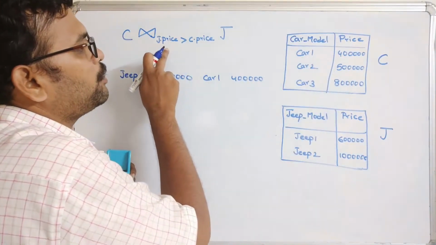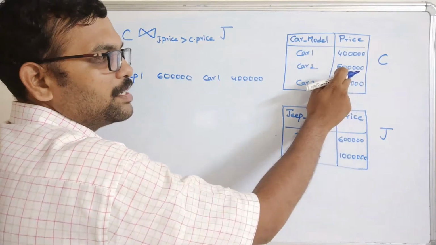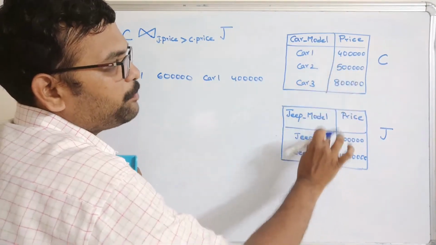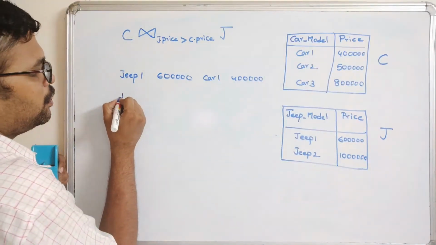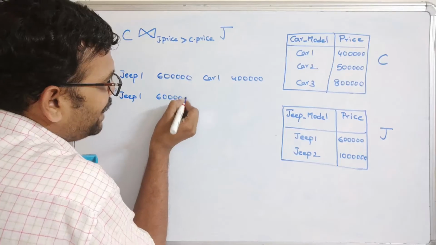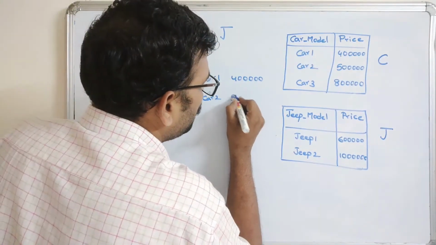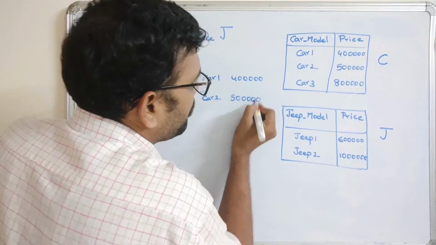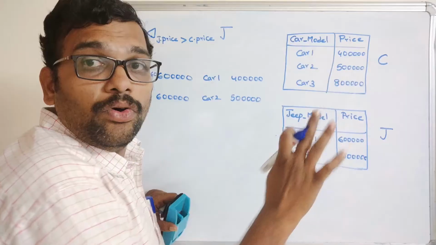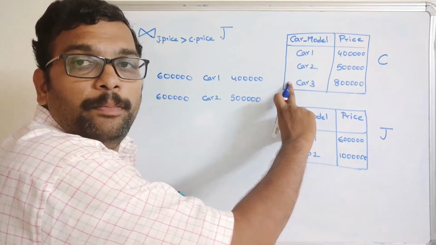So J dot price greater than C dot price holds, and again there will be a join between Jeep 1 and car 2. So Jeep 1 with 6 lakhs is associated with car 2 with 5 lakhs. And 6 lakhs greater than 8 lakhs? No, it's not true. So these two tuples will not be joined.